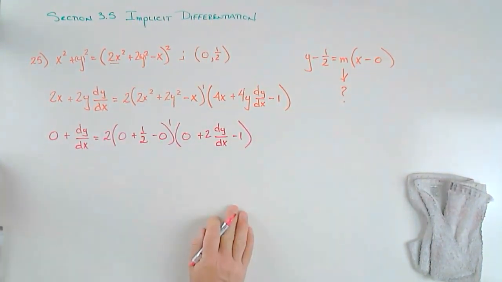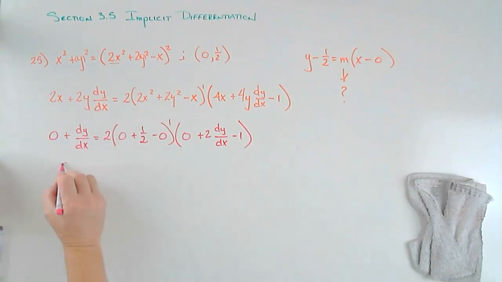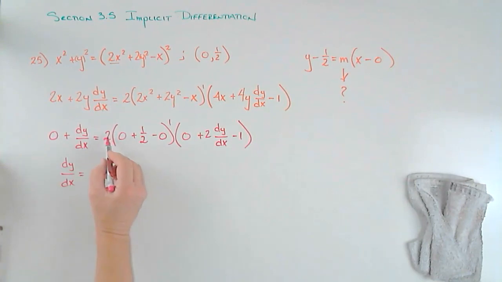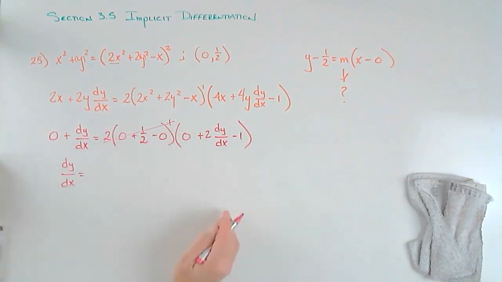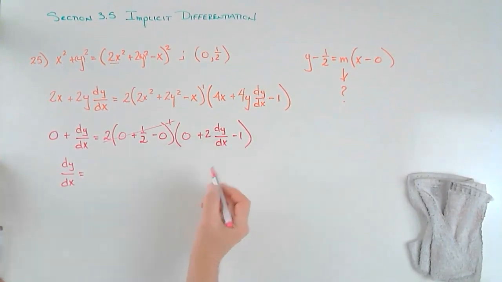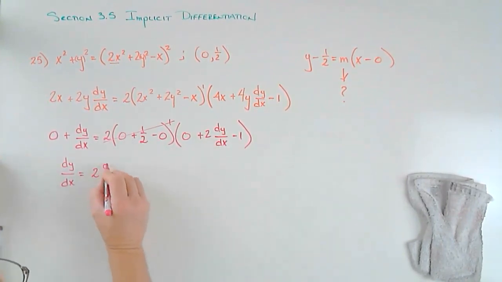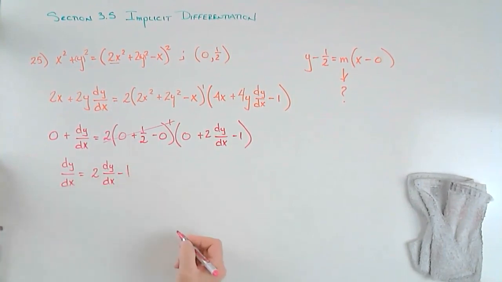All right. So what do we get when we clean all this up? Well, over here we have a dy/dx. Here we have 2 times a half. That's 1. So that's just 1. And here we have 2 dy/dx minus 1. So we'll move the 2 dy/dx over here.